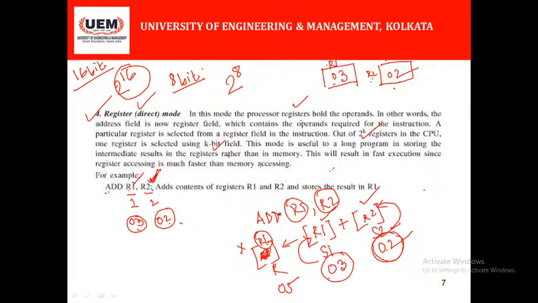We require these types of instruction whenever we need to execute in a very short, precise way, without accessing any memory. Because a memory read or write operation takes lots of time. So this results in fast execution, since register addressing is much faster than memory addressing.